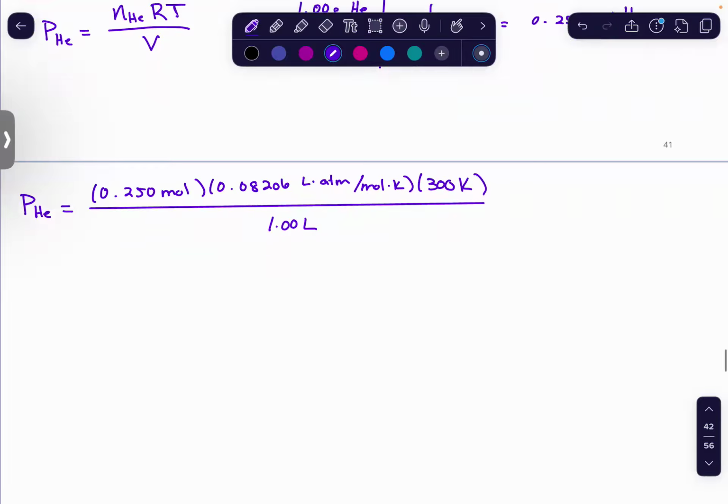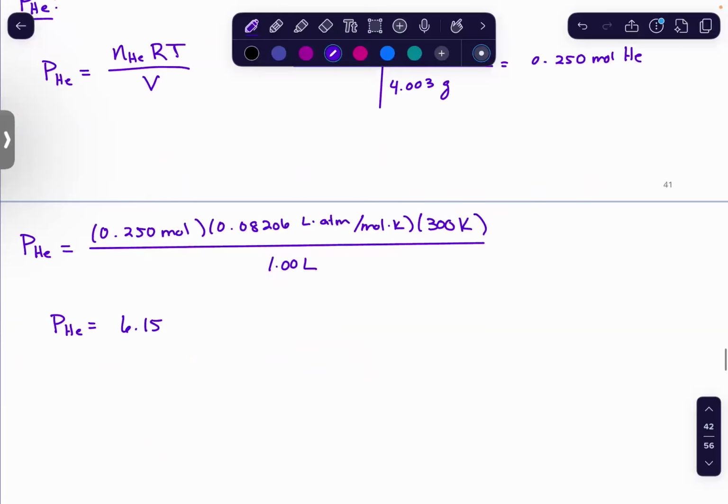Okay, and then we multiply this all up. Our partial pressure of helium is going to be 6.15 atmospheres. Did I write down the units? Yeah, I did. So there is our second partial pressure.